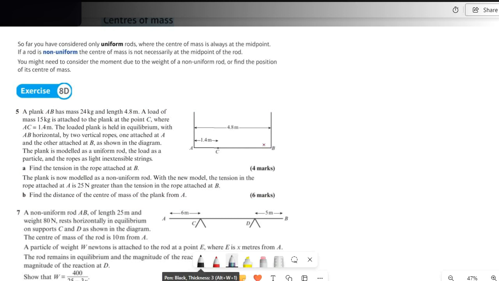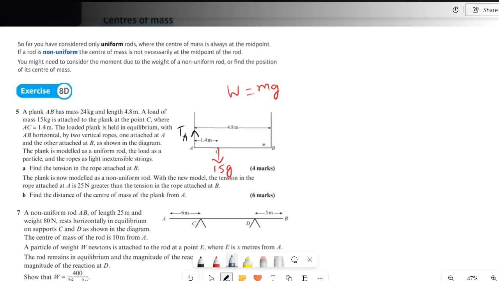So if we annotate on a diagram, here we have a tension at A, which is going to be TA. Similarly, a load is attached to the point C, which is 15 kg. Therefore, the weight will be 15g, as we know that weight is equal to mg, where m is the mass of the object.